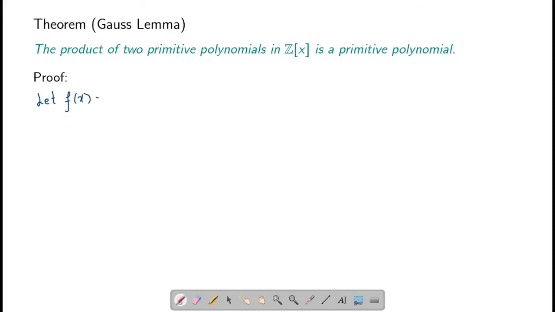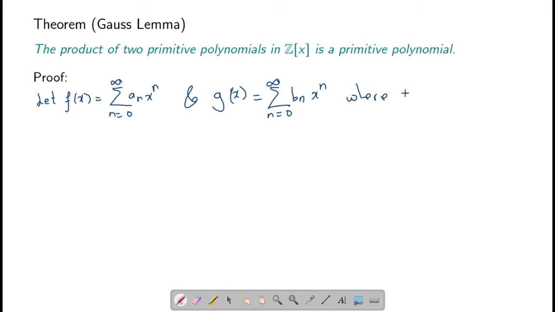We will let f(x) be equal to summation n going from 0 to infinity a_n x^n, and g(x) be the polynomial summation n going from 0 to infinity b_n x^n. Here the a_n's and b_n's are all integers.